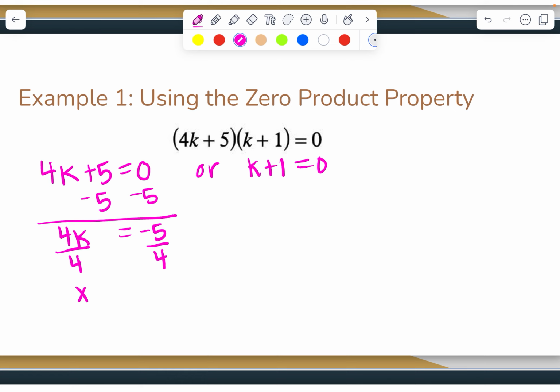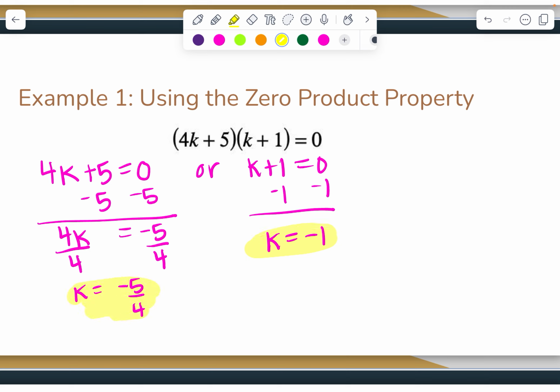Dividing by 4, k is -5/4. Or take 1 from both sides, k is -1. So that means if we plug in -1 into our original equation, or we plug in -5/4 for k into our original equation, we will get 0 back.